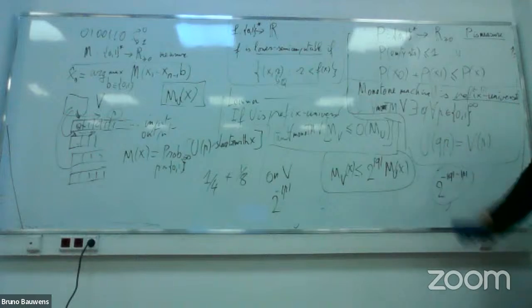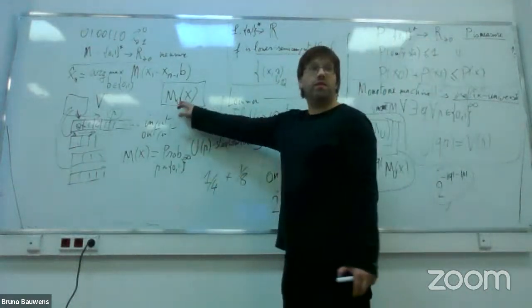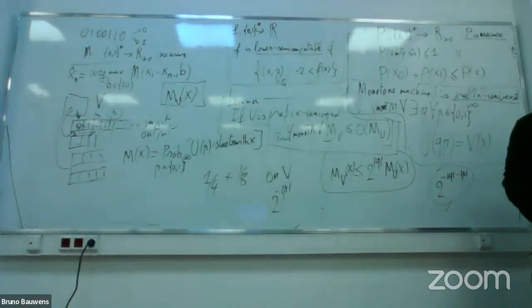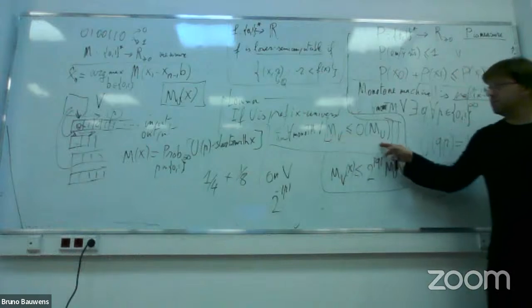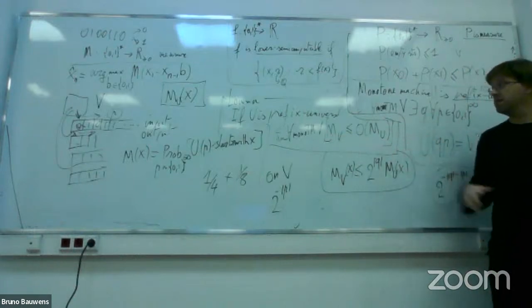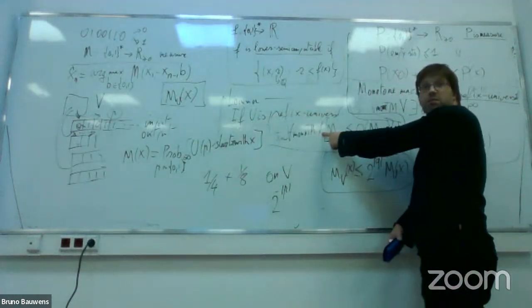Okay, so now we have a cool thing. When we think about our universal machine, we fix a universal machine, and this will fix the probability up to a constant. If I take one prefix universal machine or another, we will have this relation in both directions because they're both universal. Here I assumed U is prefix universal and V is any machine.